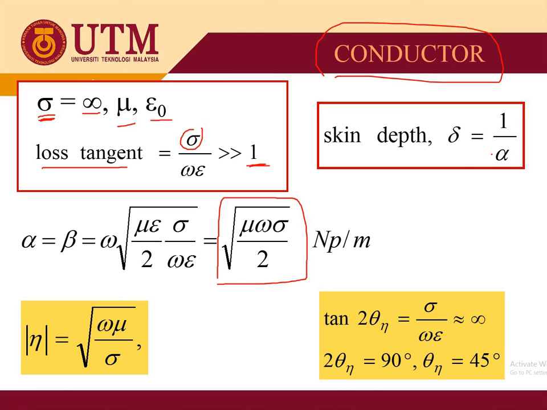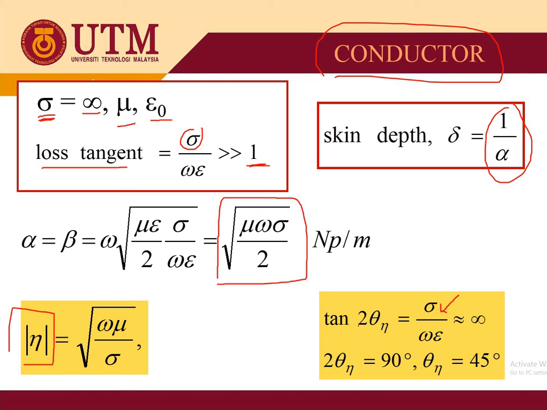The skin depth is equal to 1 over alpha, and the magnitude of intrinsic impedance is equal to the square root of omega mu over sigma. Tangent of 2 theta n is equal to the same as in the other equation.